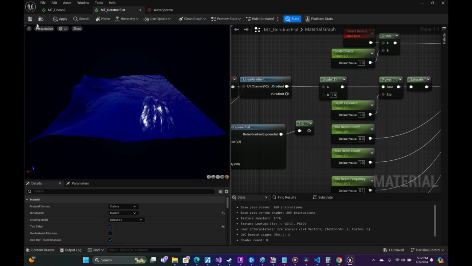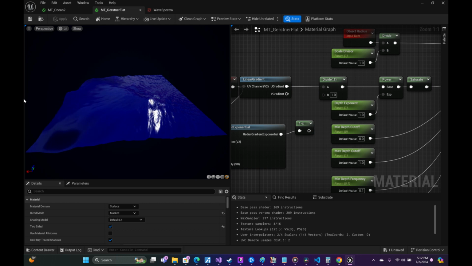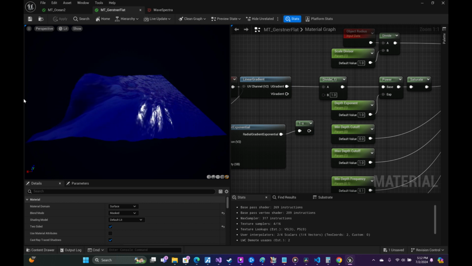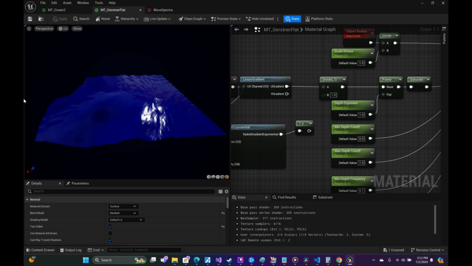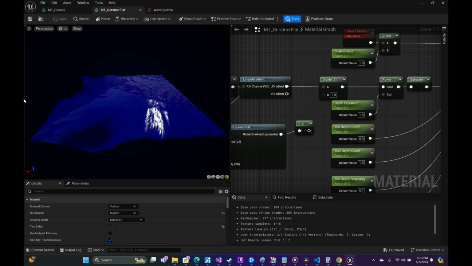So this is pretty close. I think next we'll have to convert this to basically make a triplanar mapping version of it. And we may not be able to use our triplanar mapping. I'm gonna have to think about that.